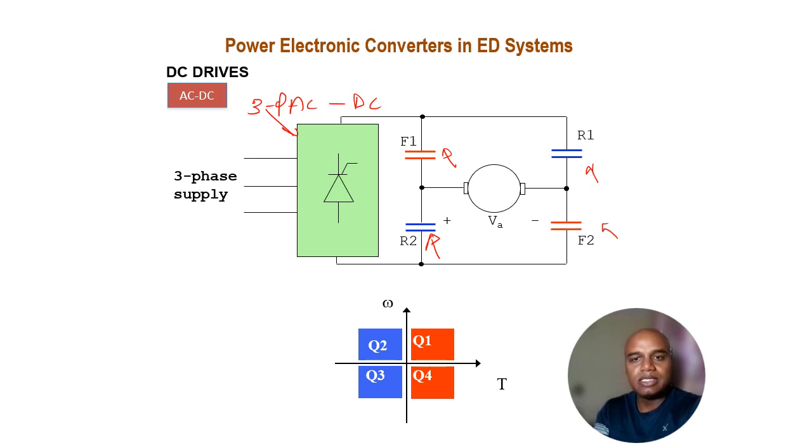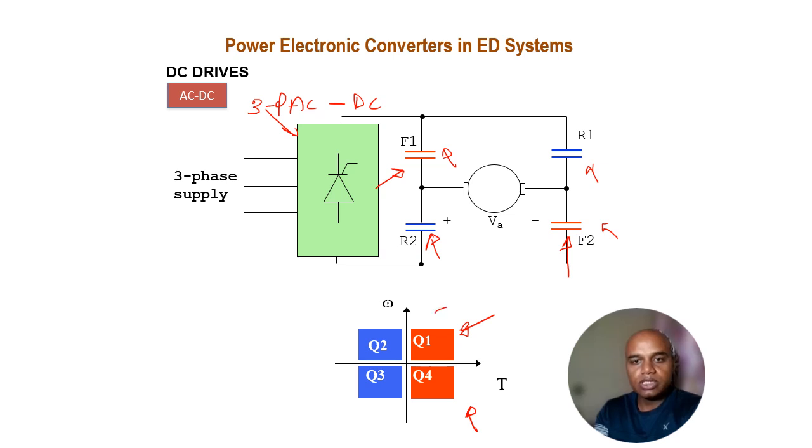In this case, instead of using one more converter, the inverter which we have just seen, we can control the direction. The F1 and F2 color shows that it can give us control in quadrant 1 and quadrant 4.